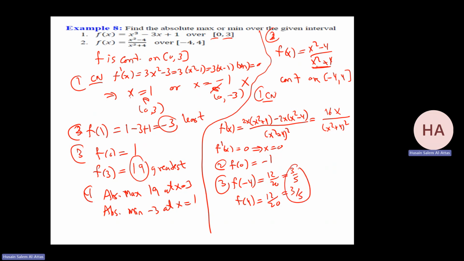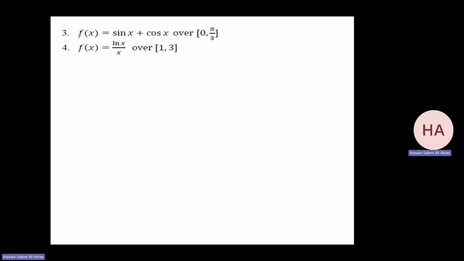So this is the greatest, and this is the least. So I have an absolute maximum 3 over 5 at x equal minus 4 and at x equal 4. But I have an absolute minimum minus 1 at x equal 0.